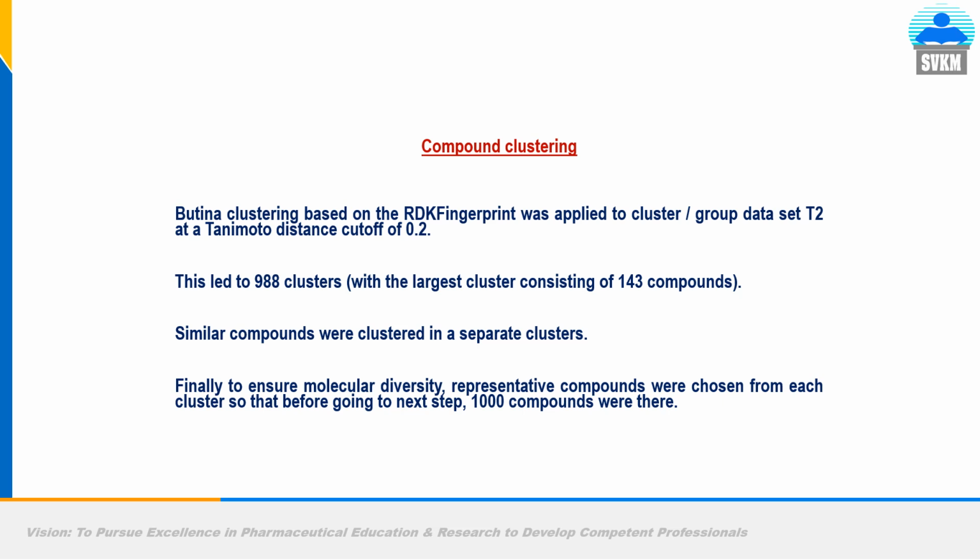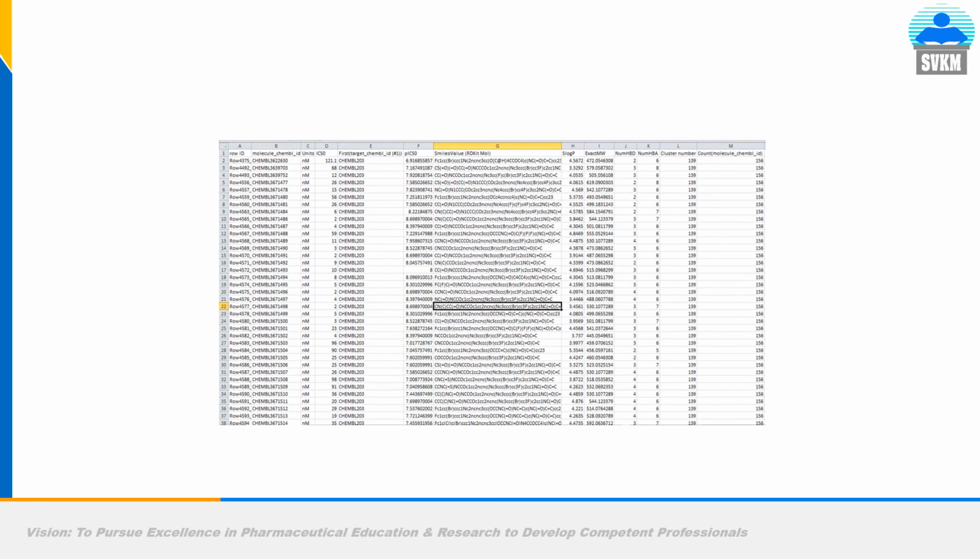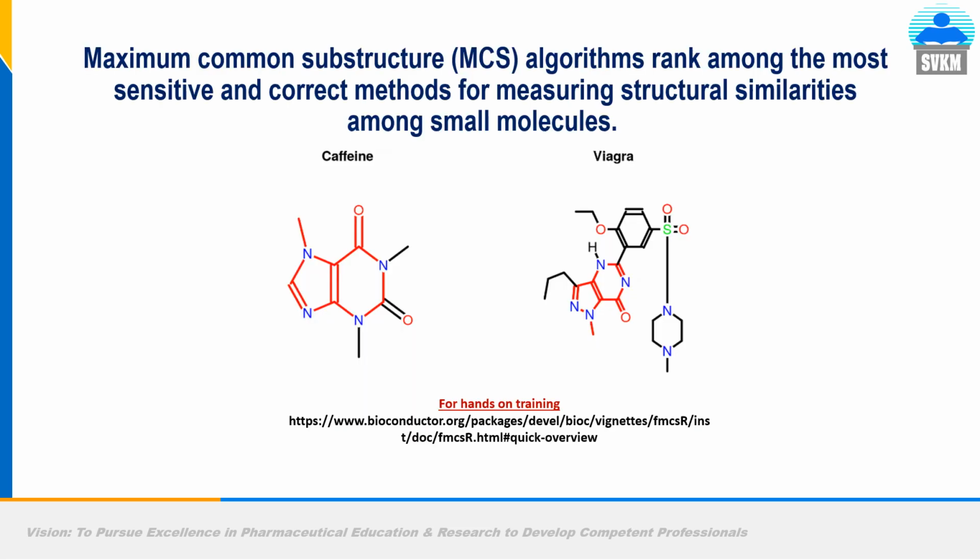So there should be more and more similarity in intra-cluster members, but there should be more and more differences between the inter-cluster members. This is the Excel sheet indicating various chemical compounds in the fashion of SMILES strings in terms of clusters.